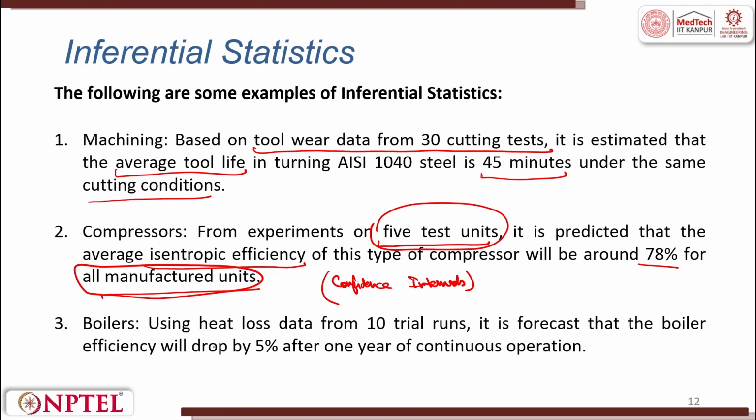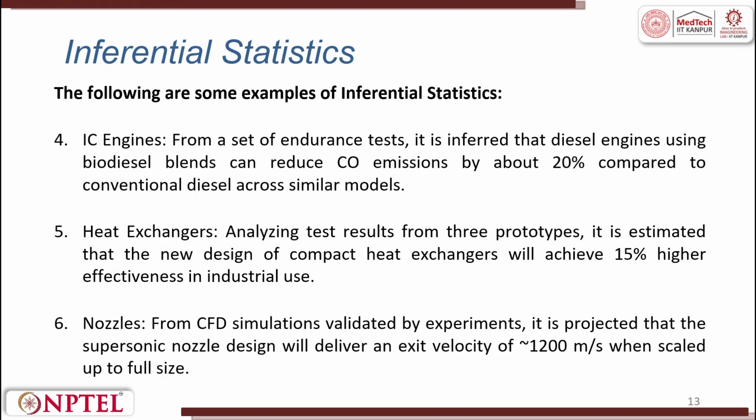Boilers: using heat loss from 10 trial runs, it is forecast that the boiler efficiency will drop by 5% after 1 year of continuous operation. IC engines: from a set of endurance tests, it is inferred that diesel engines using biodiesel blends can reduce carbon monoxide emissions by about 20% compared to conventional diesel across similar models.